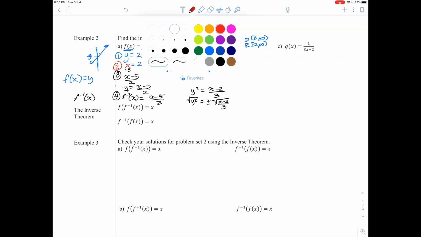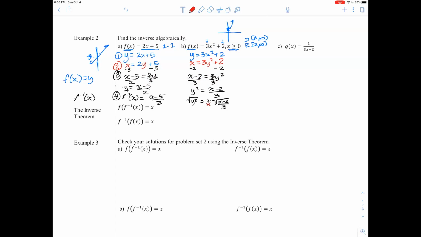But we are going to ignore the negative square root because our domain was restricted to all our x's being greater than or equal to 0, so we want the positive square root and not the negative square root. And so now we can go ahead and cancel that and put this back in function notation, writing it as the inverse function of x is equal to the square root of (x minus 2) over 3.